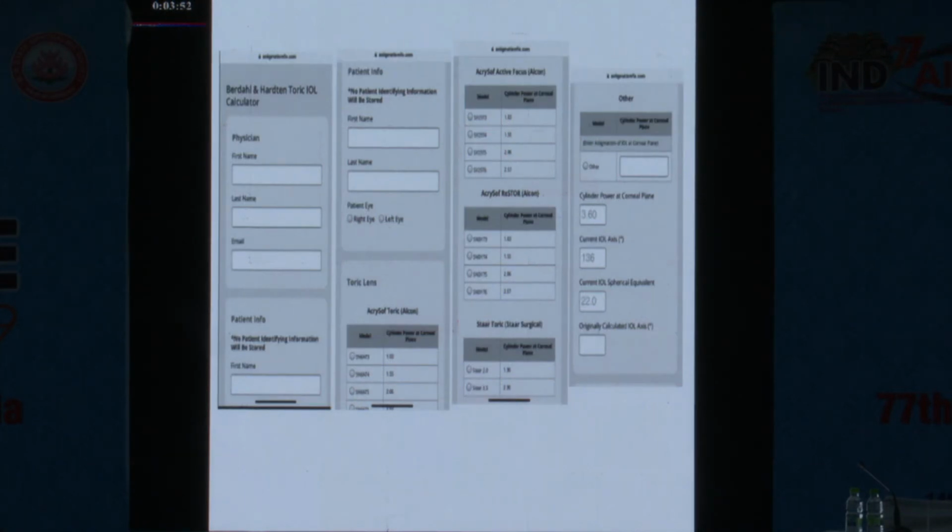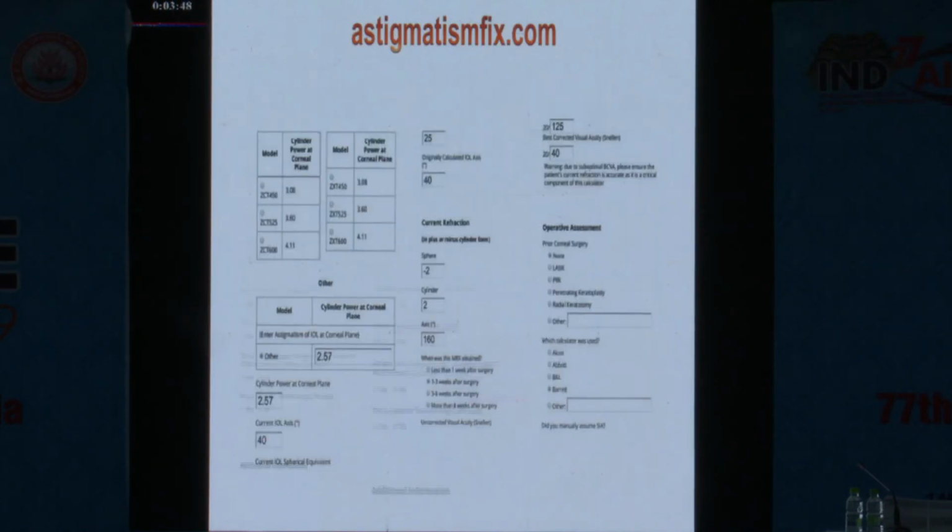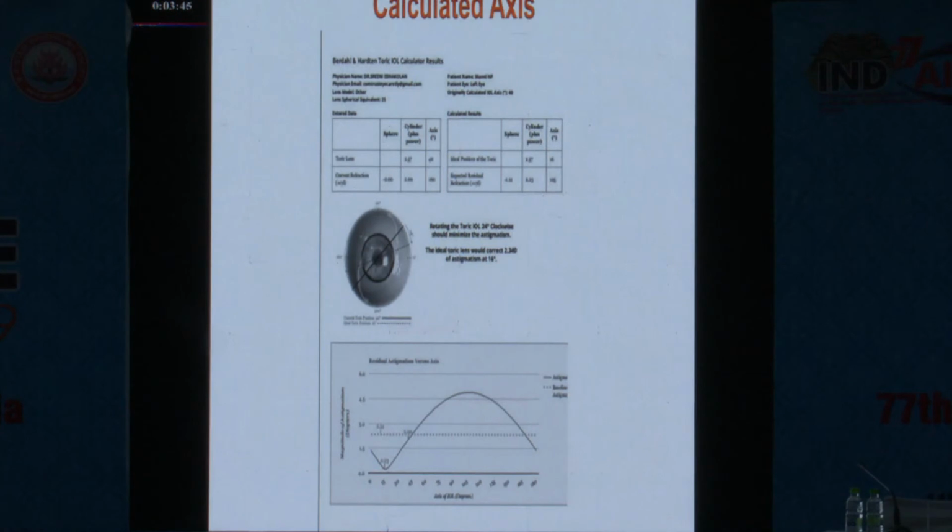All these values have to be entered. So all were entered. And finally, it said rotating 24 degrees clockwise will minimize the astigmatism. So nothing else to do.